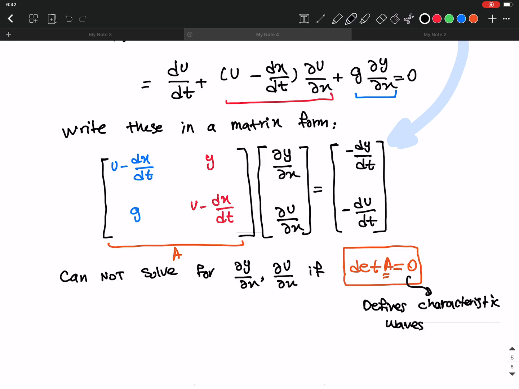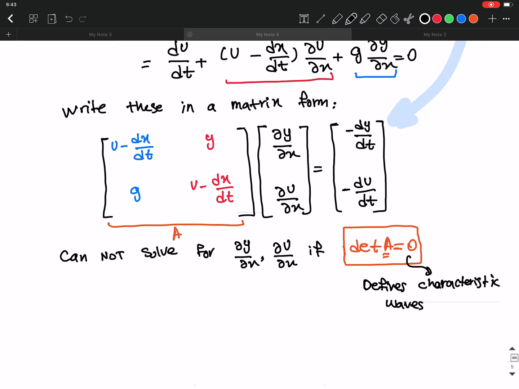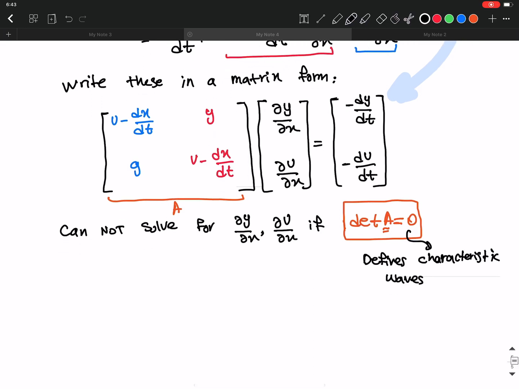So what you need to do in any type of PDE, especially linear PDEs, is find this kind of matrix and then solve for it and say what is the condition that we cannot solve for dy over dx, partial y partial x, or partial u partial x, these kind of variables in your system, and then take the determinant of that matrix and find the characteristic curves. So let's do this here.